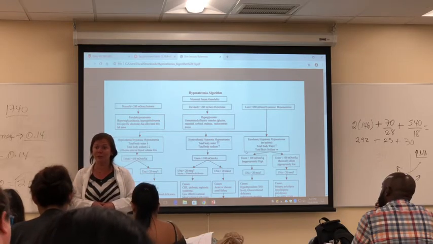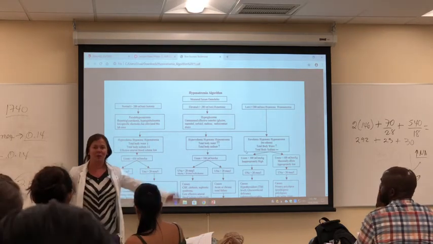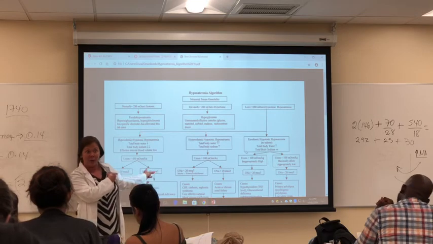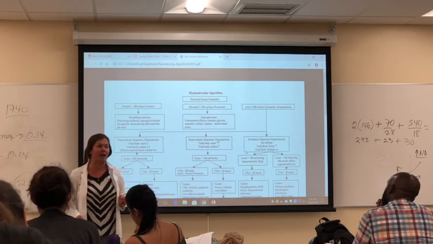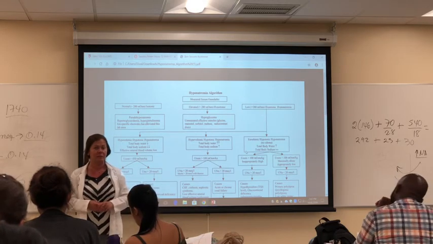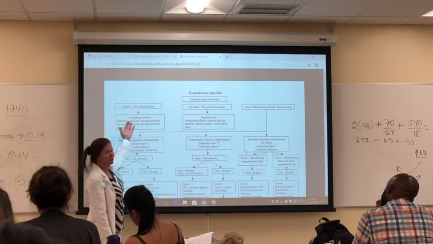So far, so good? So, wait. Hyponatremia algorithm. If sodium controls osmolarity, osmolarity must be low if sodium is low. So far, good? How come it's normal?